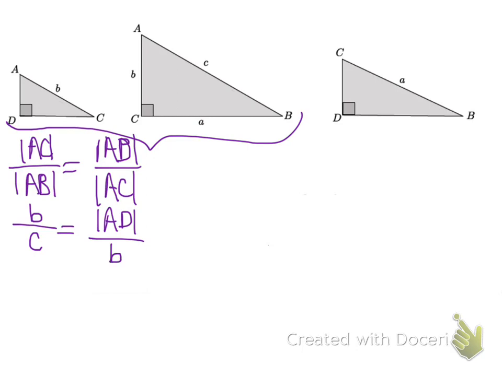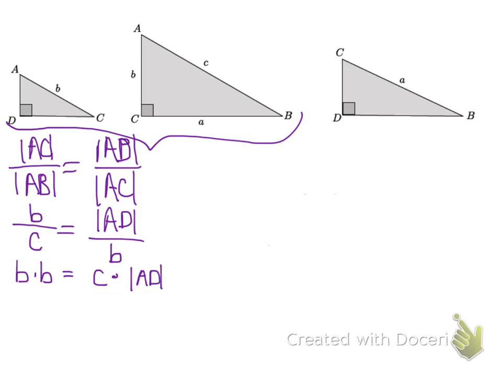Okay, so when we have a proportion like this, or two ratios set equal to each other, what I know is that if I multiply the cross products like this, they will be equal. So I can write that B times B is equal to C times the length AD.